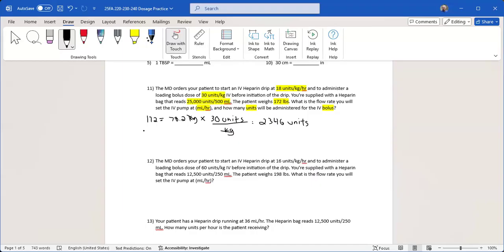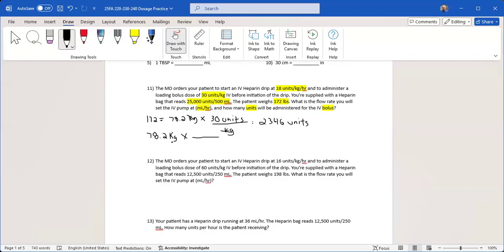So what I'm going to do is take the patient's weight, which I already established as 78.2 kilograms. Honestly, if there's any lag, me doing this slow is probably actually helpful. Okay.